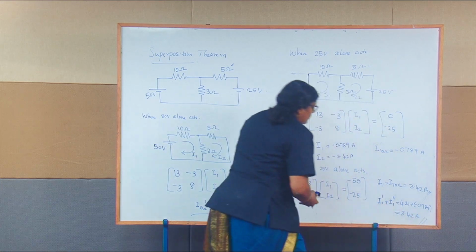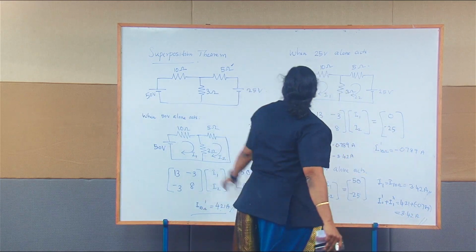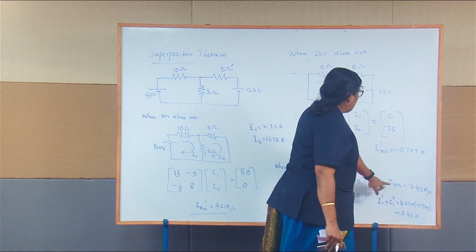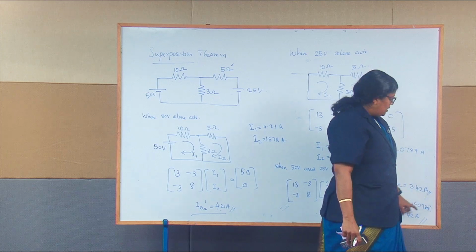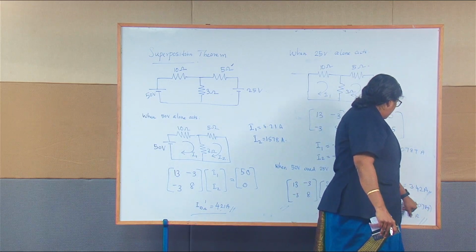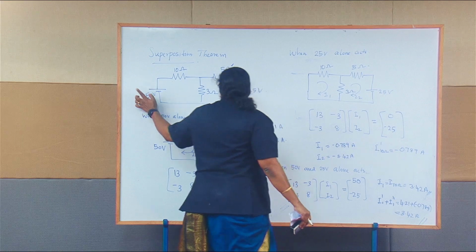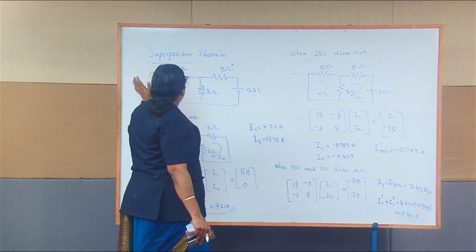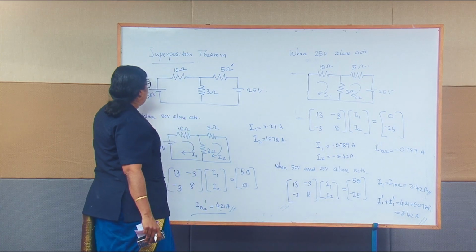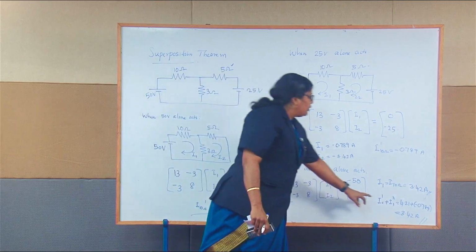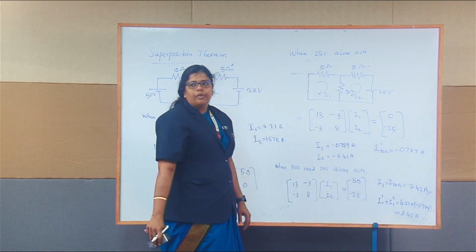So this is actually I1 with 50 and 25 volts together. When we did the calculation, it was 3.48 amps, and if you add up the algebraic sum when you are considering one source at a time, you will get the same value, 3.48 amps.